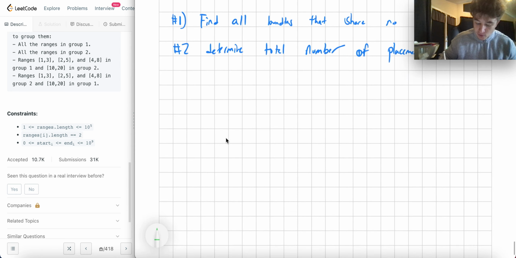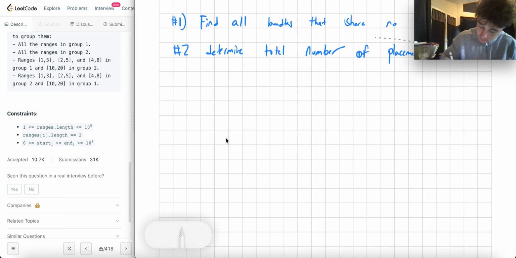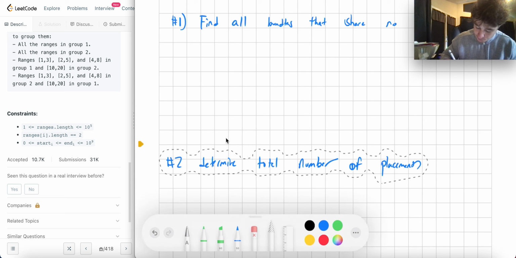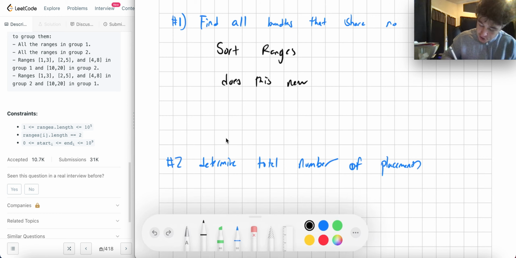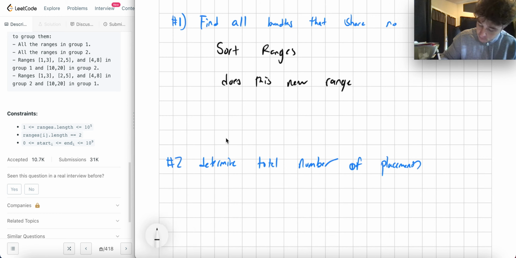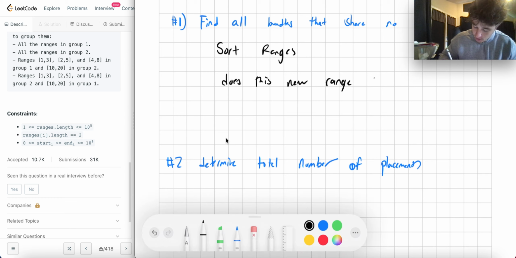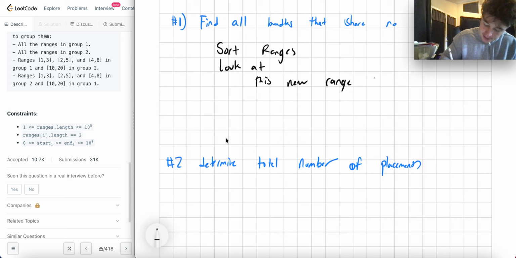So basically what I do, for step 1, is I'm going to sort the ranges. That's the first thing I'm going to do. And then I'm going to look at each range, start to end. Right?